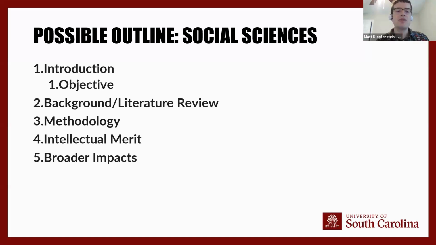So maybe there's a larger issue within the field of economics, but you're choosing to explore it within the context of healthcare or something. And so you might need to provide some background around what's going on within that particular field of study where you're going to be exploring that with regard to the literature. And some careful attention to methodology is going to be important as well in those types of fields.